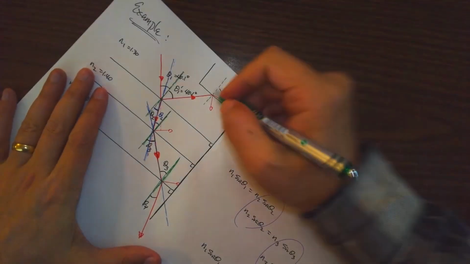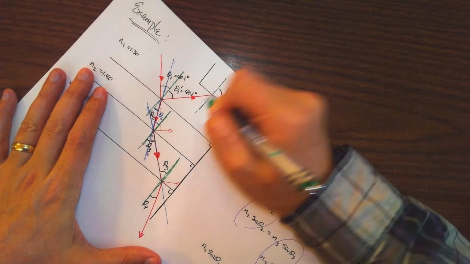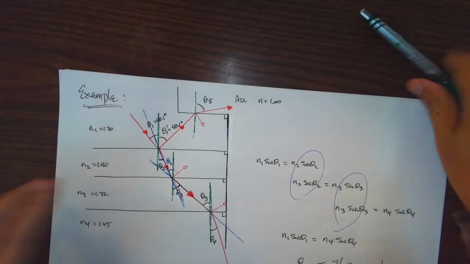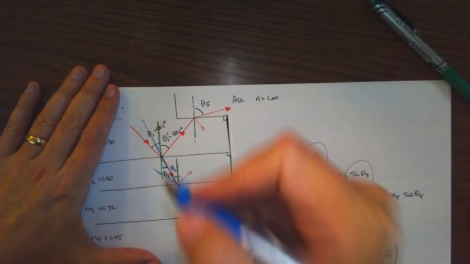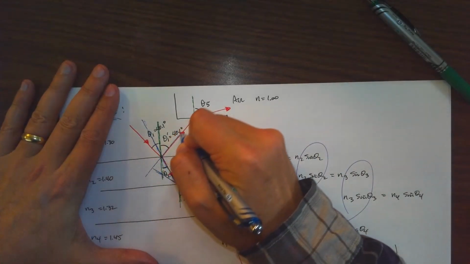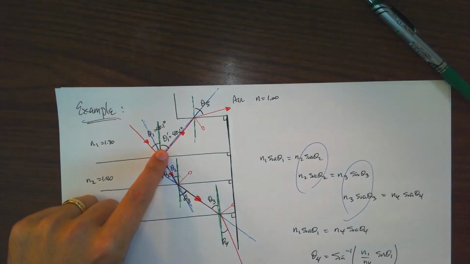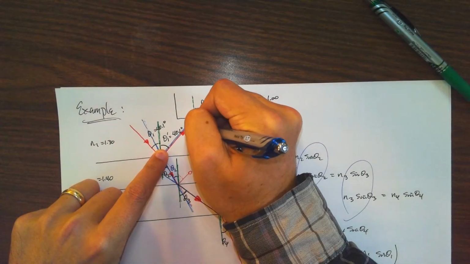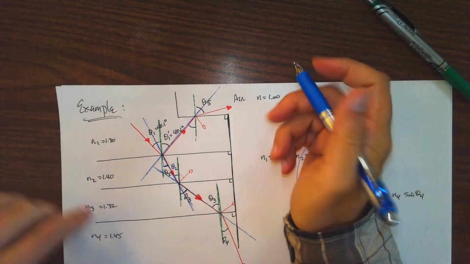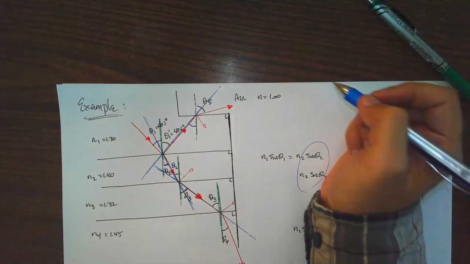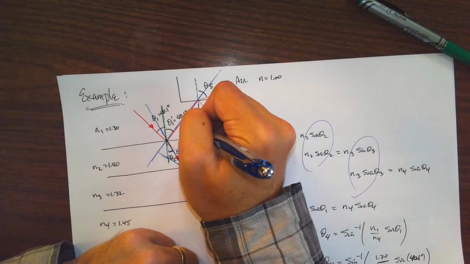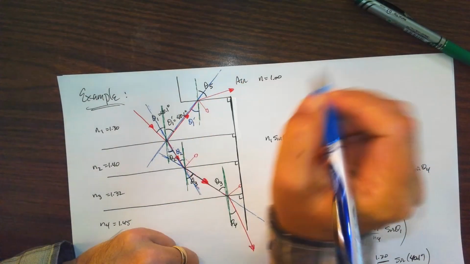So I have 2 parallel lines, these normals, cut by a transversal, which is the ray that was reflected, like this. And so then this angle here is this angle here, which is the angle of incidence between 1 and the air, 1 and 5, I guess. So this is my theta 1 prime.